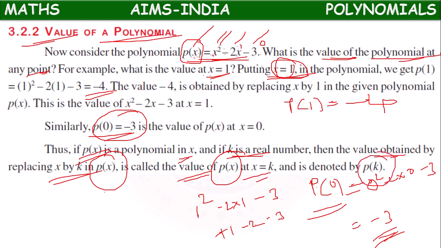If we keep 1 in the place of x, then the value is called p of 1. If we keep minus 1, it is called p of minus 1. If we keep 3, p of 3, like that. So at any point, we can find the value of p of x. At different points, the polynomial will have different values.